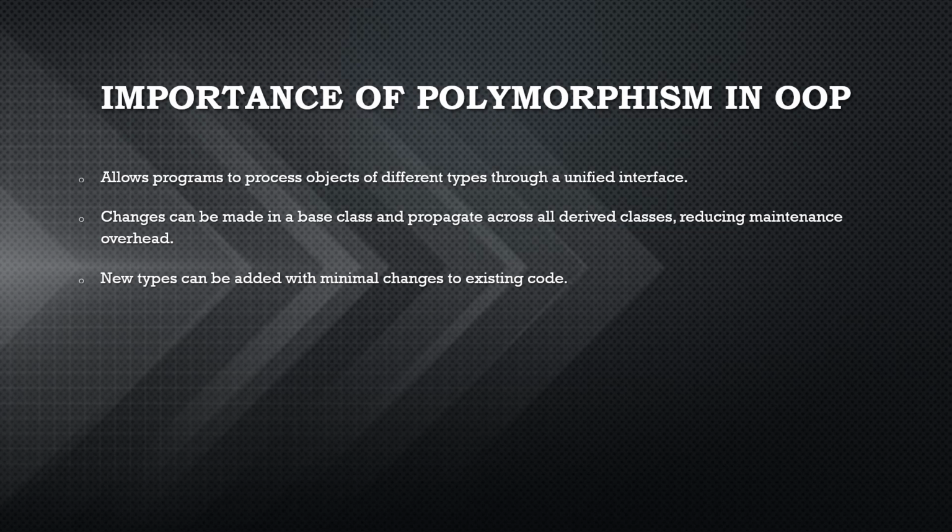Finally, polymorphism promotes extensibility. New types can be added with minimal changes to existing code, making it easier to evolve and adapt software systems over time. These advantages contribute to cleaner, more organized, and more manageable code bases, ultimately enhancing the overall software development process.